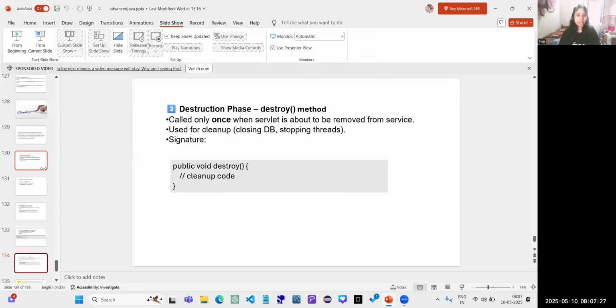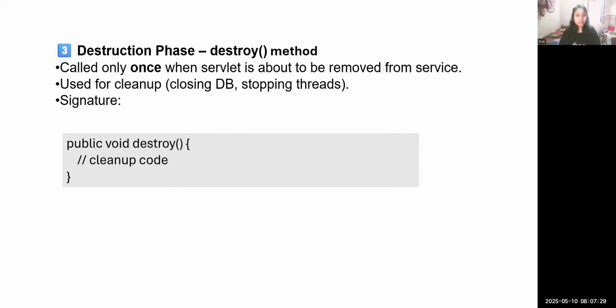Third one is the destroy method. The destroy method is called only once, just like the initialization method. It is called when the servlet is about to be removed.